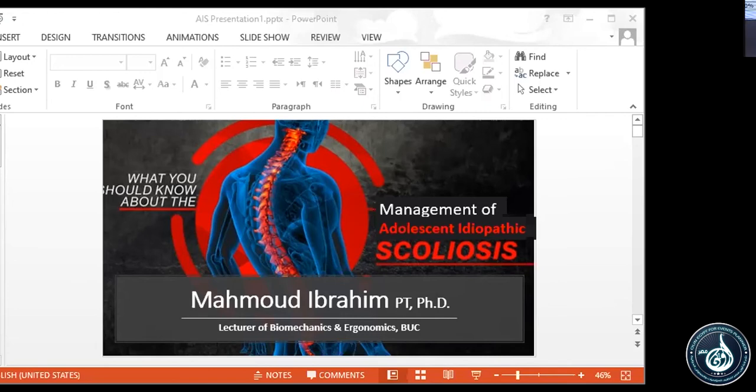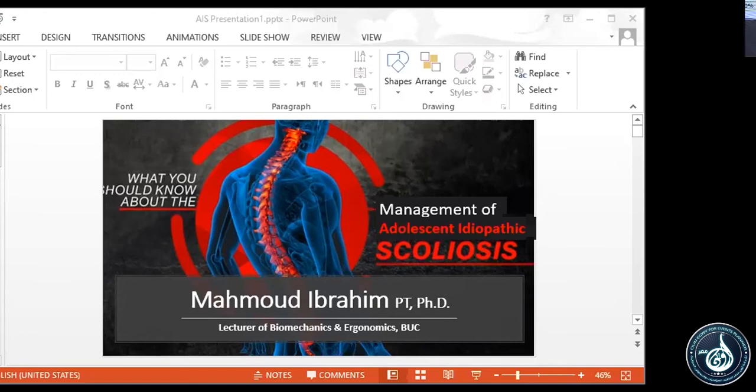Okay, as you can see, risk of progression. We can calculate it by using the Cobb angle minus 3, multiplied by the Risser sign, and divided by chronological age. We can know the risk of progression.